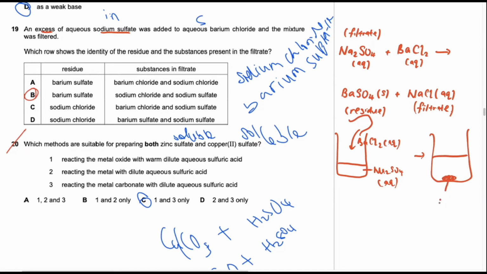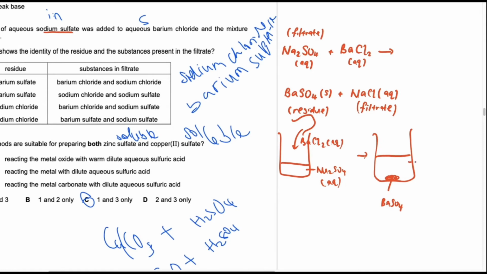So the precipitate is BaSO4, and then what remains in the aqueous solution is the Na2SO4, because you are using it in excess, so they still have some remaining in aqueous. And you also have NaCl, which is formed. This one is no more here because they never said use in excess. So that means this one will be used up.